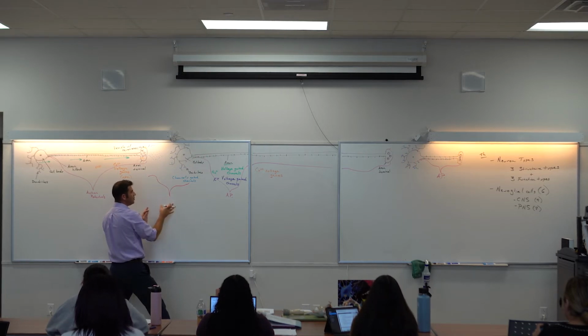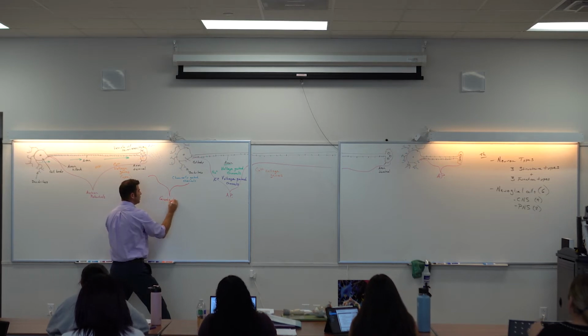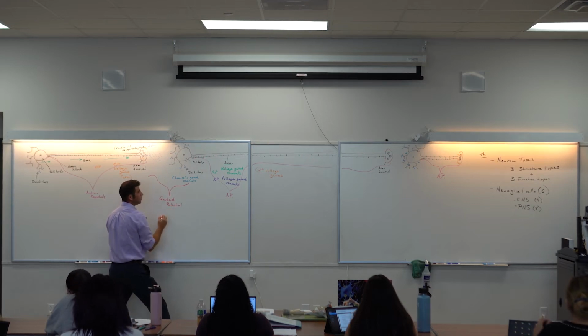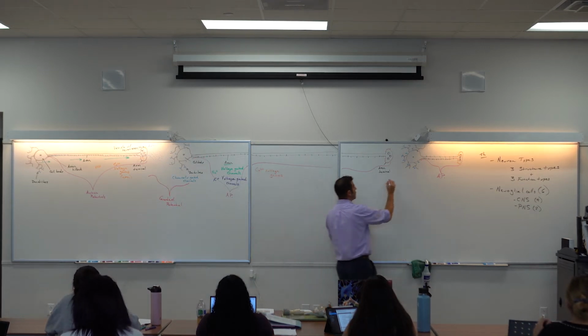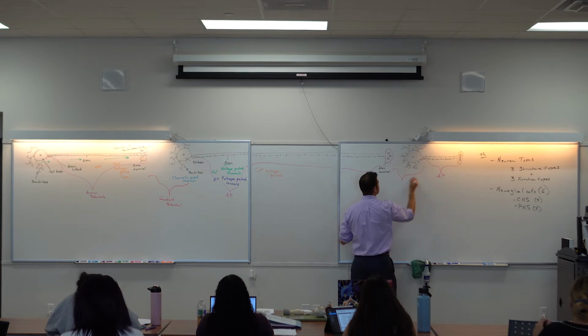The electrical impulse is going to vary depending on how much chemical signal is being sent. This type of varying electrical signal is called a graded potential. So over here we would have another graded potential.